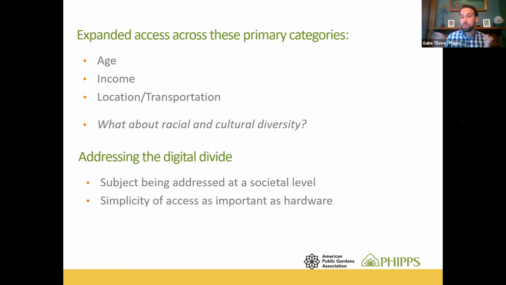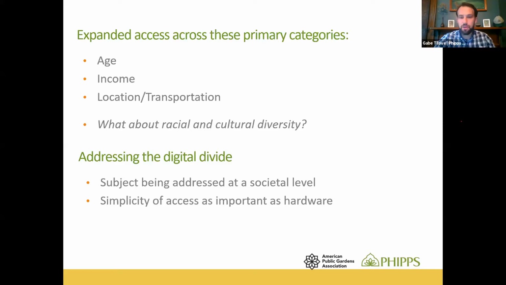But those things alone aren't going to give us a more diverse audience. If we're not developing our programs with those audiences in mind, online education in and of itself isn't going to be a silver bullet. So there's a lot of good work happening through the association, through the IDEA work. And so, I say seek that out. If that's a particular goal of yours, seek out that work and then layer it into the online education piece.